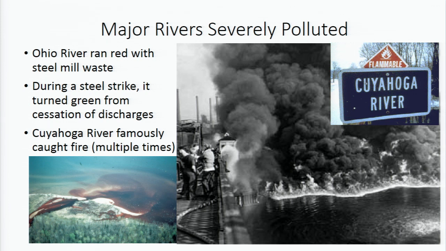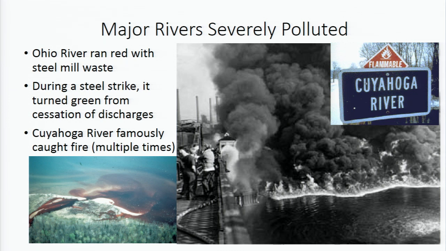But what I wanted to point out was that while that first winter I was in Cincinnati, there was a nationwide steel strike. And that river turned from red to green because there was a big algae bloom. The heavy metal concentrations went down in the Ohio River, and so algae could grow. And the Cuyahoga River, you probably have seen that story somewhere.